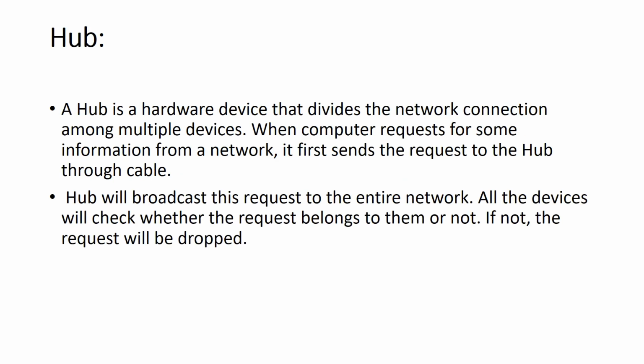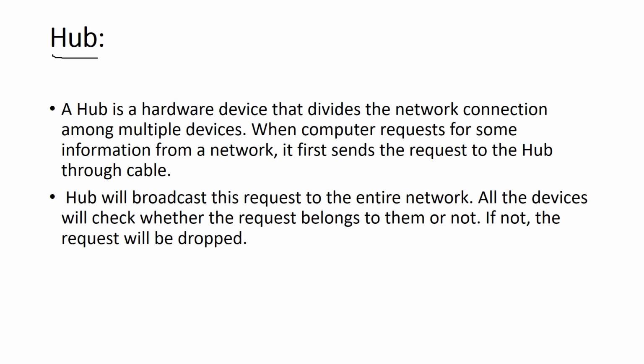We have another component known as a hub. A hub is a hardware device that divides the network connection among multiple devices. When a computer requests some information from a network, it first sends the request to the hub through a cable. The hub will broadcast this request to the entire network.